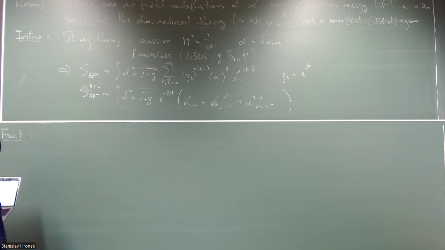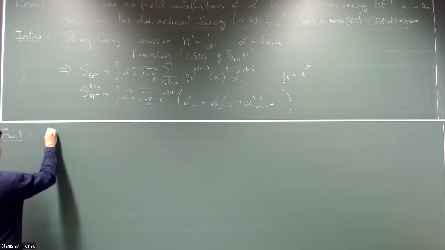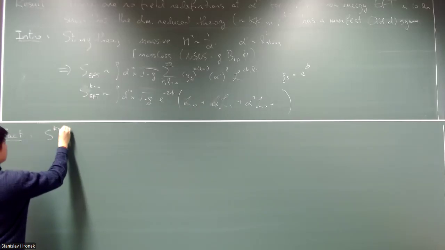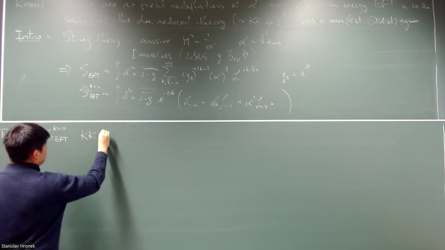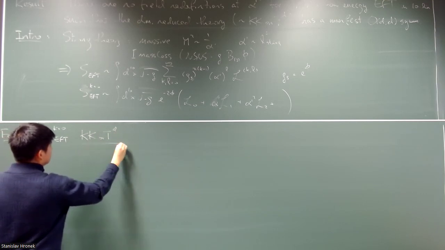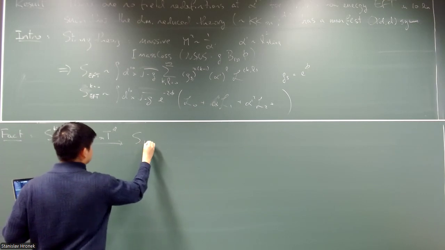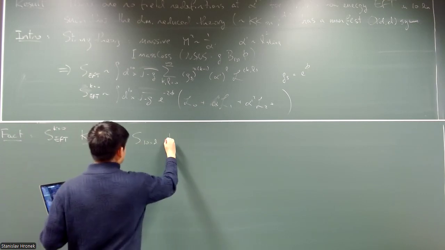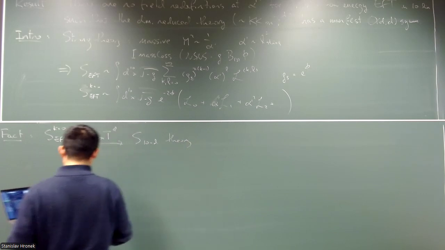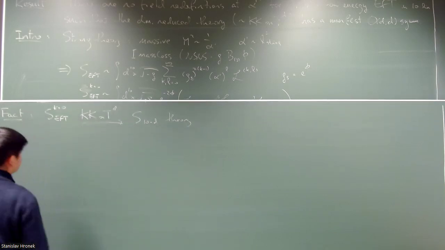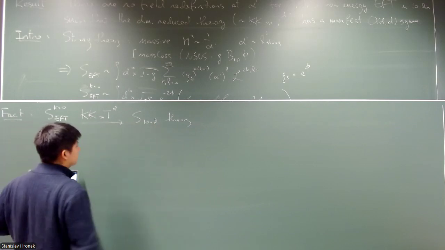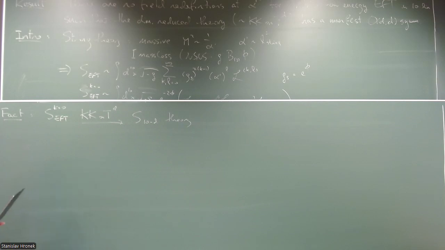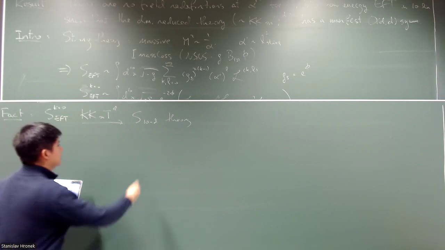Roughly speaking, you take the reduction on a d-dimensional torus, resulting in a 10 minus d dimensional theory.